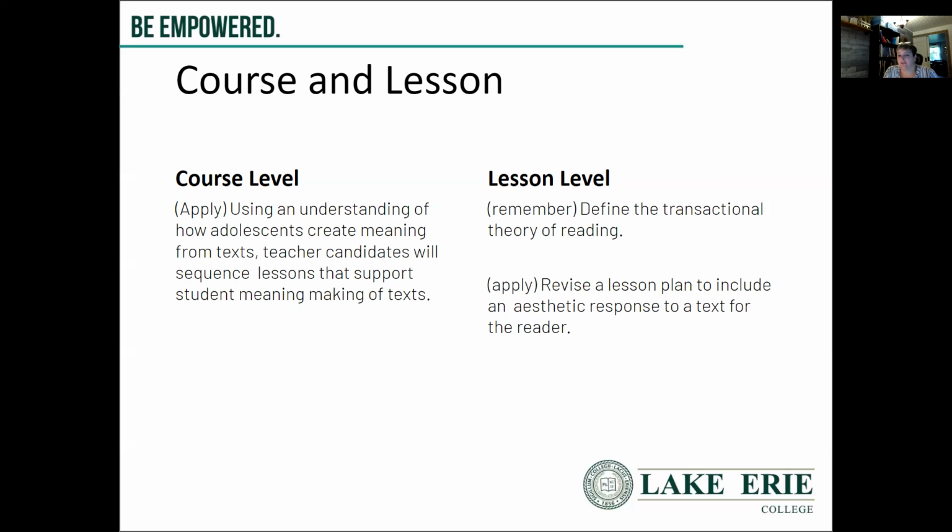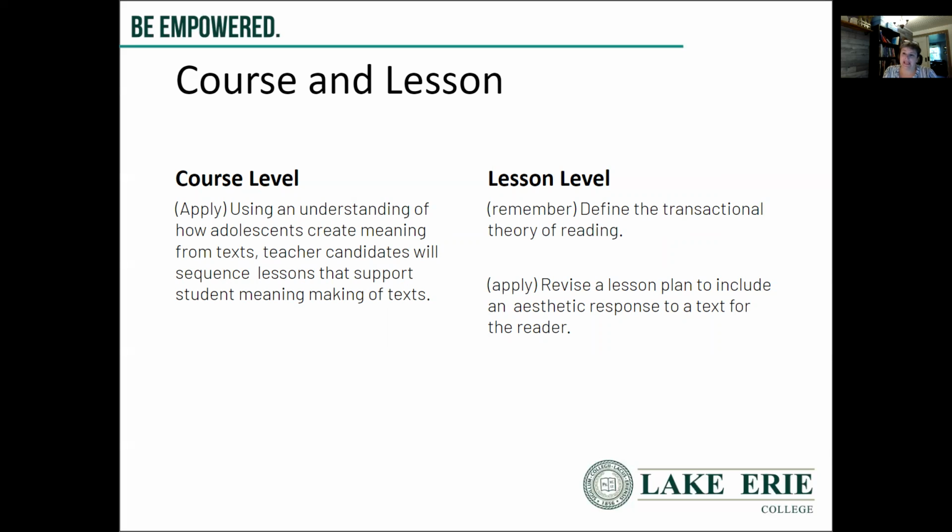So one of the aspects of the transactional theory of reading is that we allow students an aesthetic response to a text, and that not everything is about information or an efferent response to a text. So therefore, I might ask them to revise a lesson plan to identify a way to allow students to have an aesthetic response to a text.